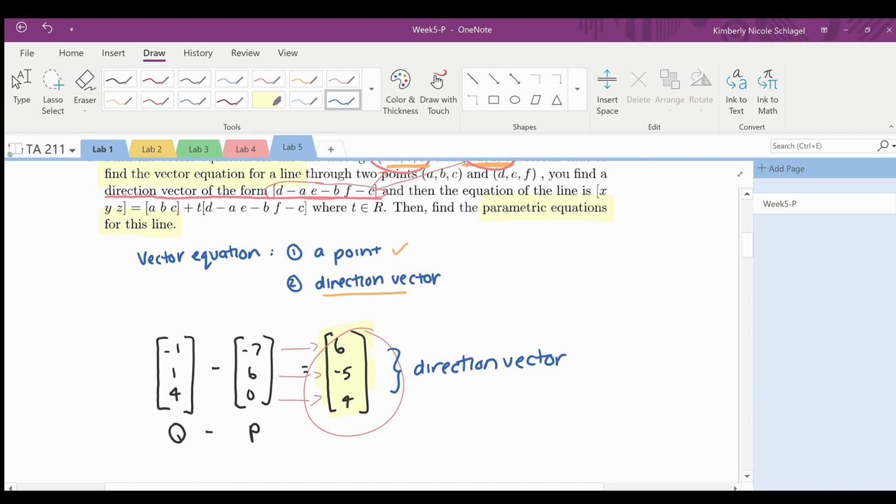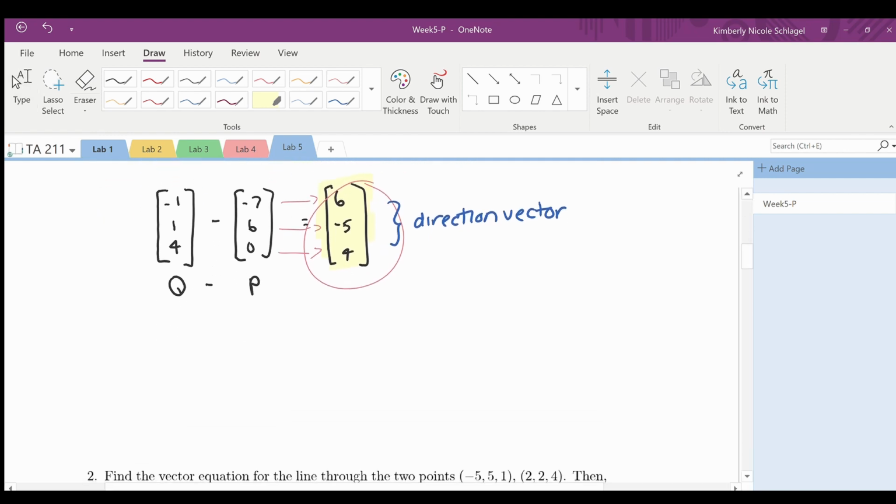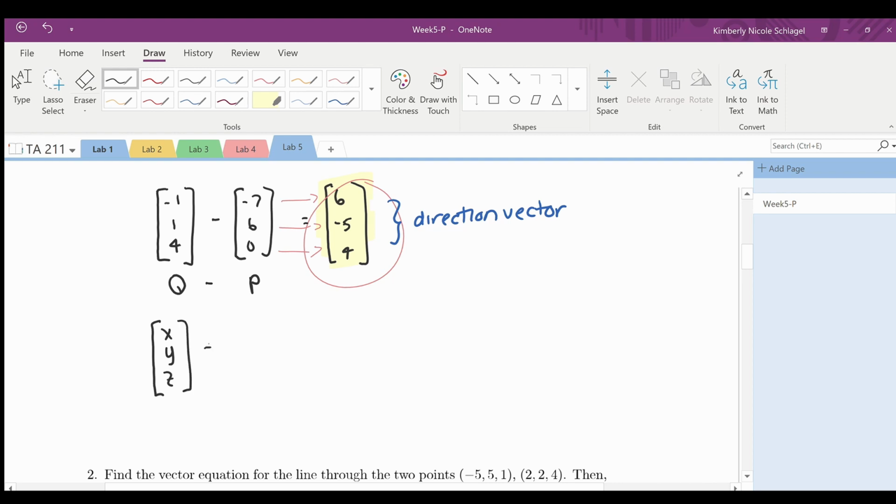Okay, so now that we've done that, we can see that yes, in fact, we have a point and we have a direction vector. So now how do we write the vector equation for a line? The way that we write it is we want to have our variables, so our x, y, and z here, and we need it to equal a point plus our direction vector.